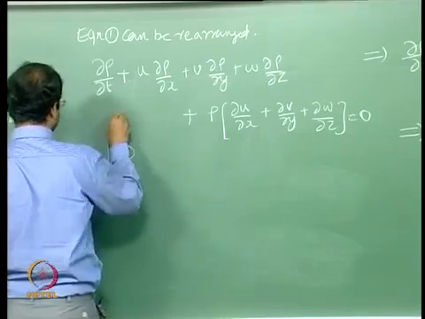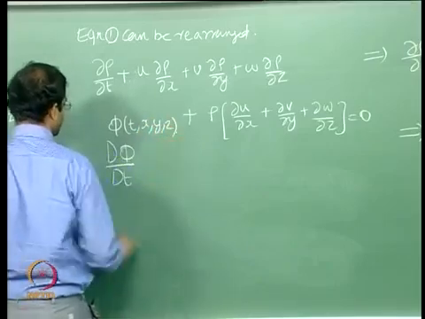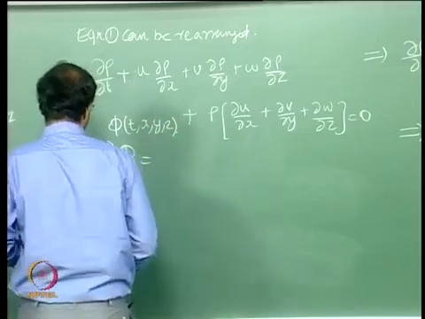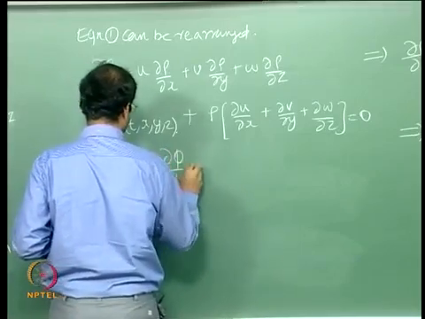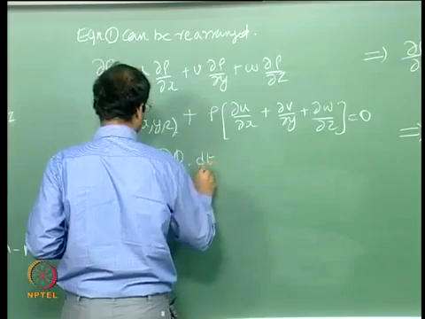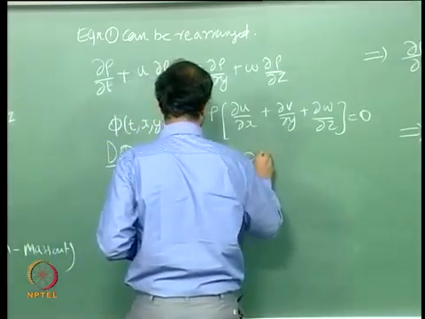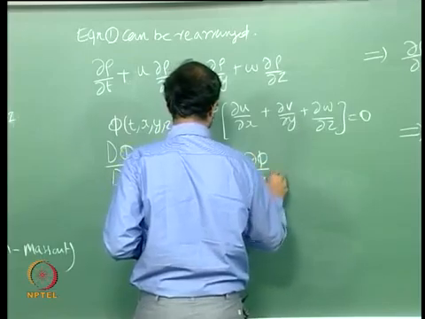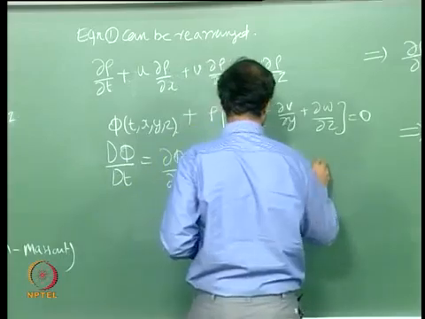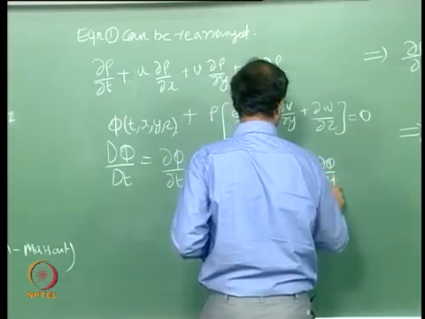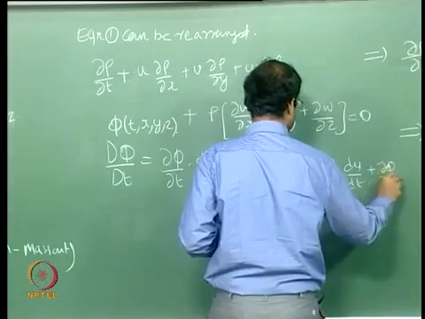Now if your phi is a function of time and also your positions x, y, z, you can expand this total derivative in terms of partial derivatives: d phi by dt into dt by dt, plus d phi by dx into dx by dt plus d phi by dy into dy by dt and so on in the z coordinate.